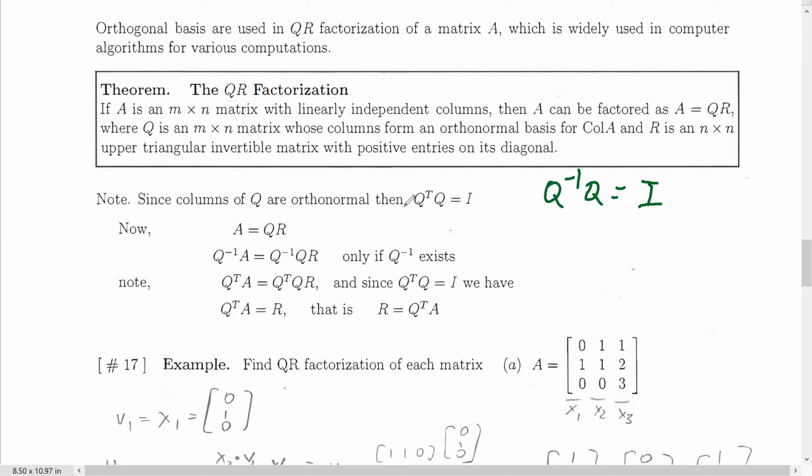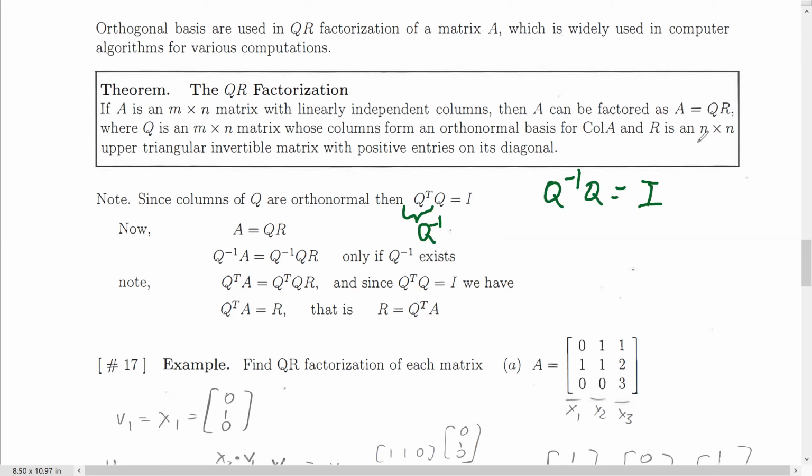So Q transpose is my inverse in that case for a matrix that has orthonormal columns. The inverse is nothing else but the transpose. That's what makes it more attractive. Inverse is very hard to calculate and takes lots of computational space for computers, but if the inverse is the transpose, it's very straightforward.